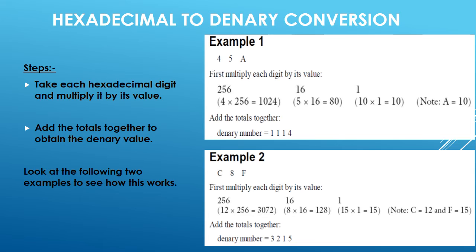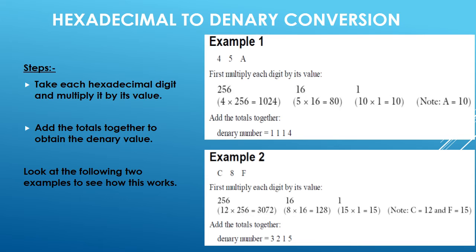There is another example. We are given a hexadecimal number C8F. First, multiply each digit by its value or by its hexadecimal notation. So 12 will be multiplied with 256. 12 is the value of C in the hexadecimal table.